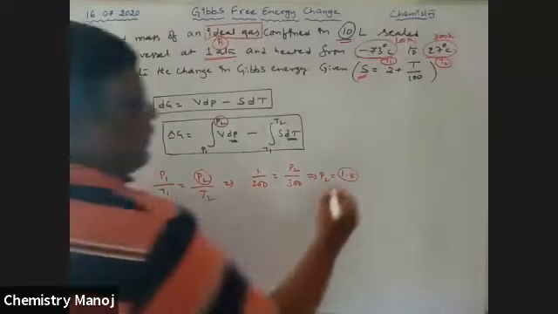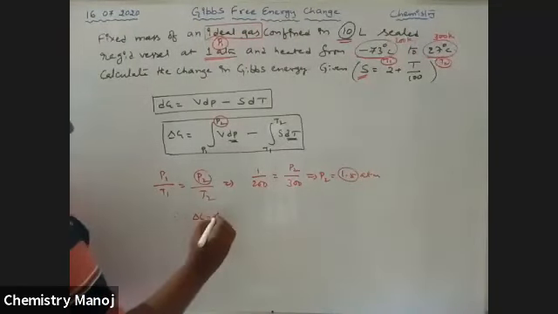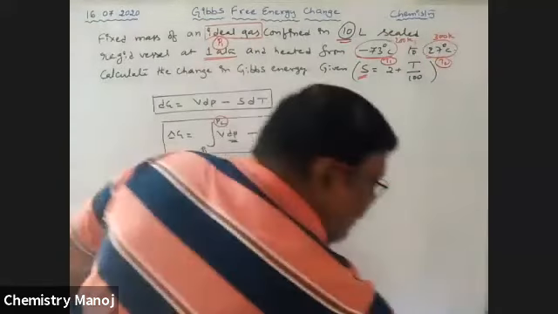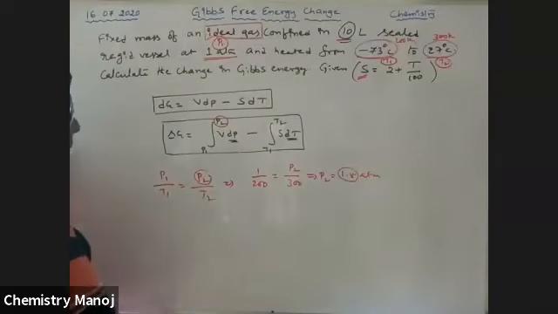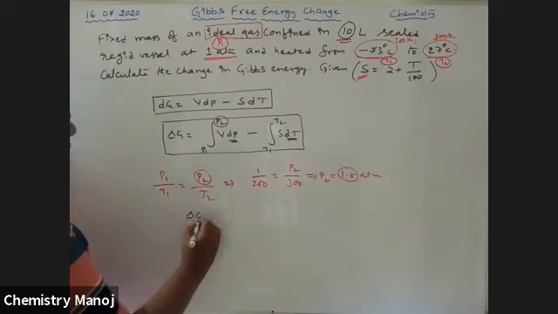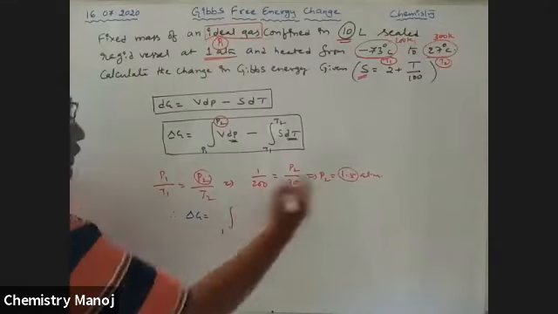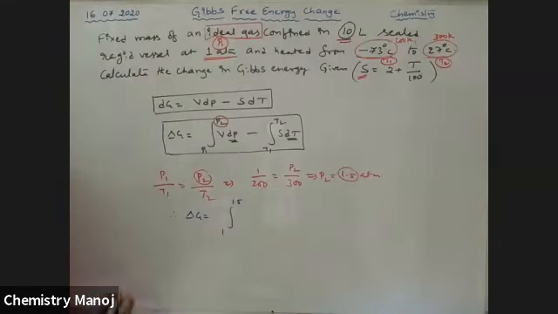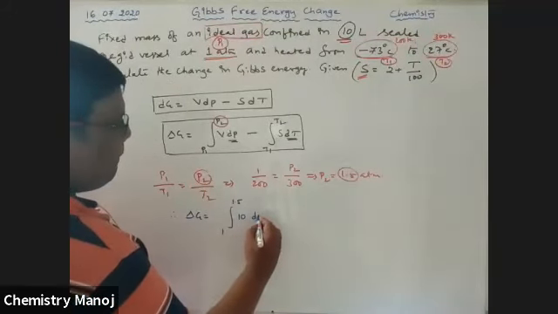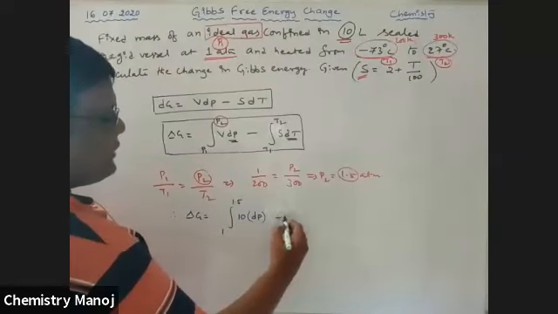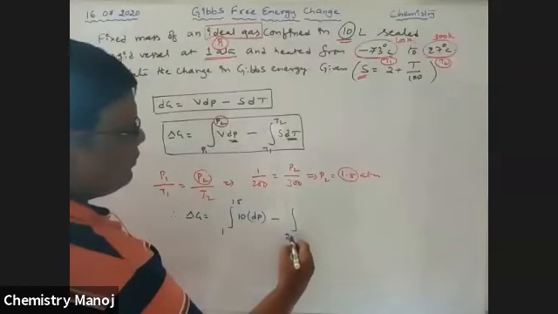P2 is equal to 1.5 atmosphere. Therefore, delta Z is equal to the integral from P1 to P2 of V dP, where P1 is 1, P2 is 1.5, and volume is 10, minus the integral from T1 to T2 of S dT.